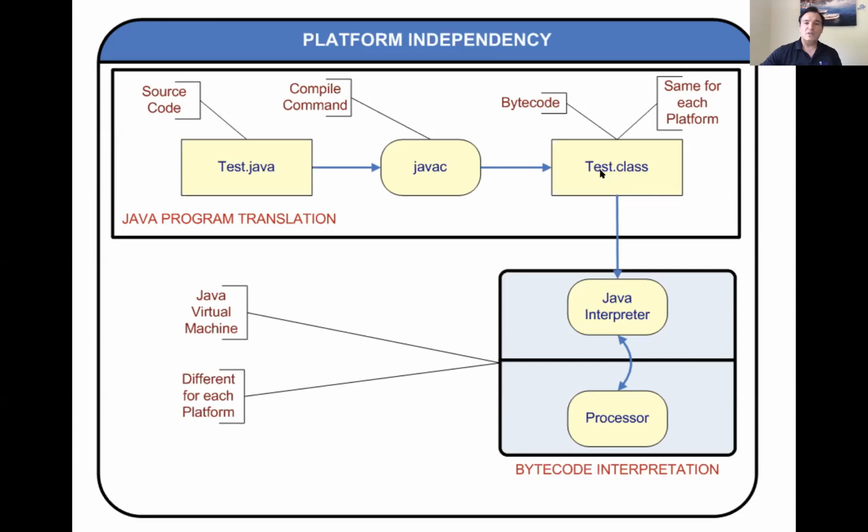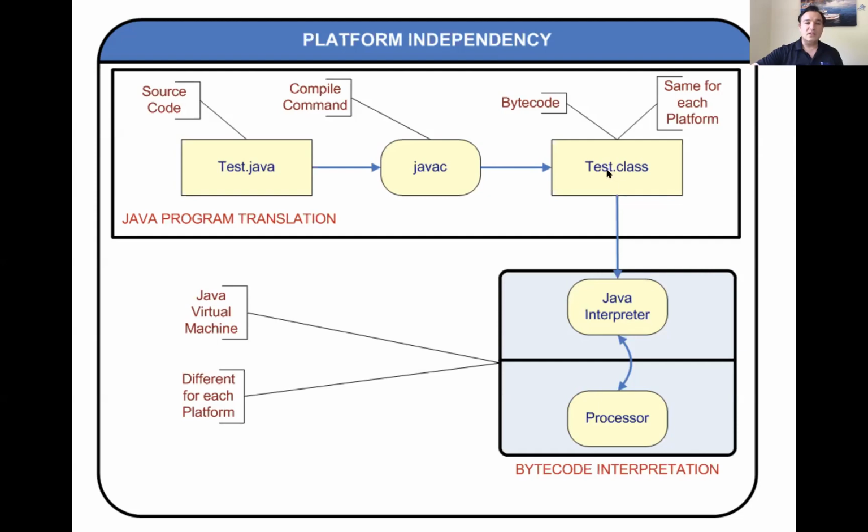care of the complexity. So each Java virtual machine has a Java interpreter in it. And Java interpreter knows how to interpret the bytecode. So when you try to run your test.class in Windows, it's going to make a call to Java virtual machine for Windows, and it knows how to interpret your class file for the underlying processor of that particular platform.